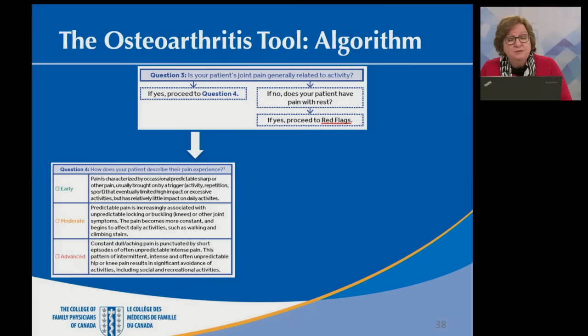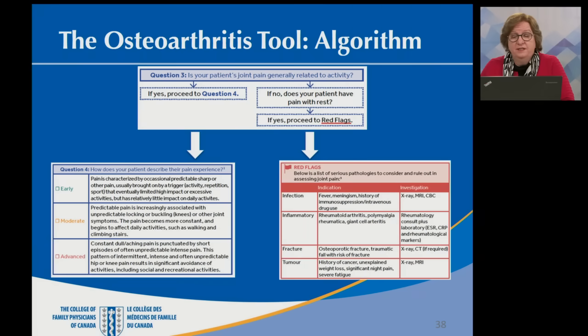Moderate is the pain becomes a little more predictable, and it may be associated with locking or buckling. There may be some other joint symptoms, and it can become longer periods of constant pain with shorter periods of no pain. Advanced is usually constant dull aching, and again, symptoms of immobility, symptoms that affect daily activity where in fact the patient is now modifying to manage stairs or to manage activity.